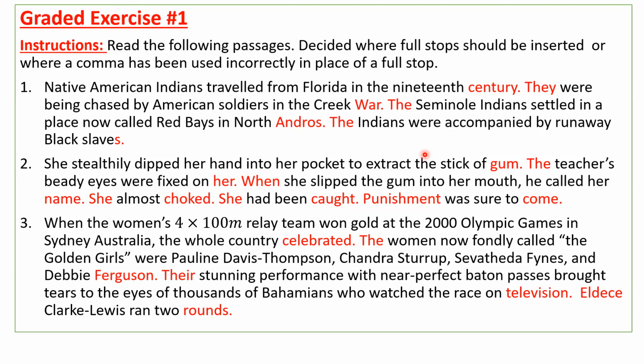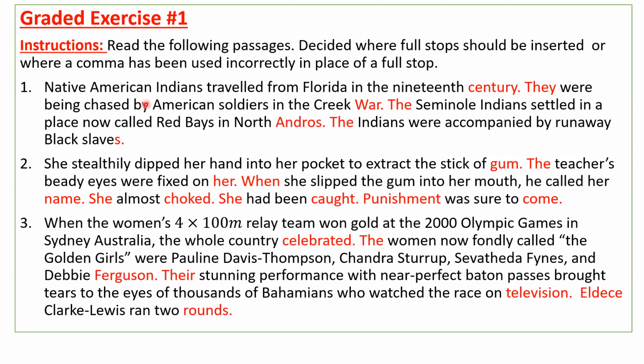Okay, so for number 1, you had to put a period there. If you leave it as a comma, that's a comma splice, because you are combining two independent clauses with a comma.